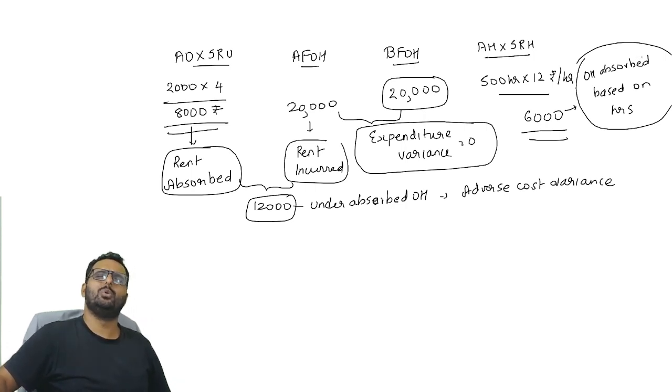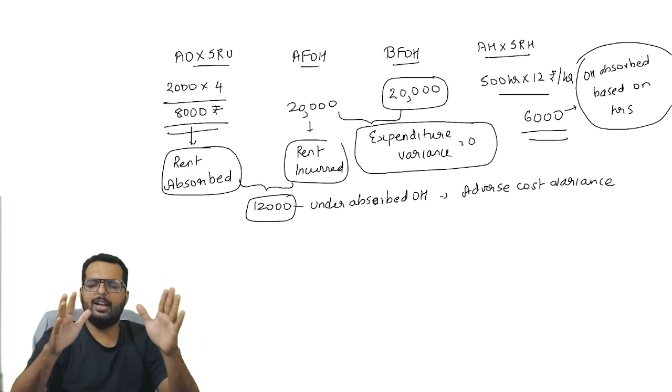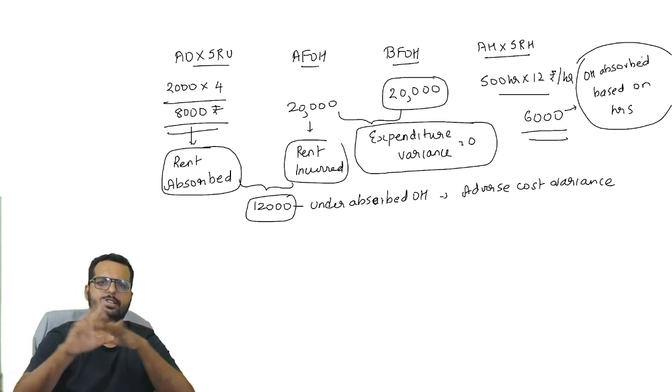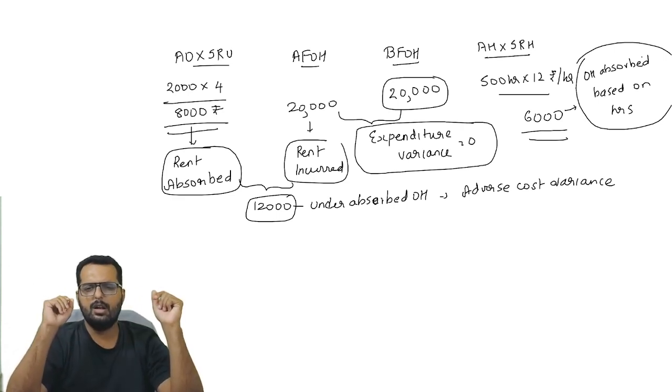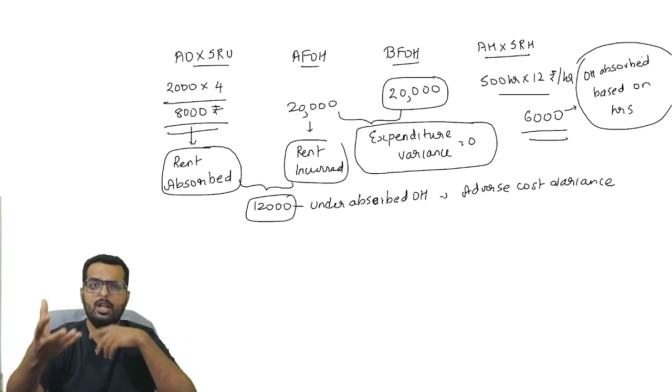I don't want you to go in depth of the logic of all that. It will create only unnecessary confusion. Ideally, once we get the volume variance, inside volume we have capacity and efficiency variance. Am I right? Yes. That is where we take the actual hours into standard rate per hour, or we take the overhead absorbed based on hours.